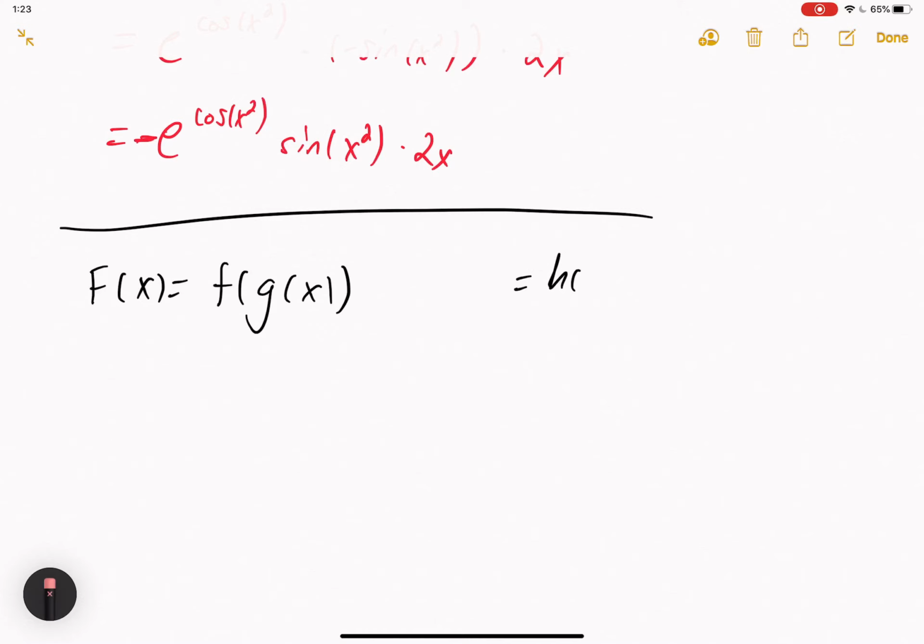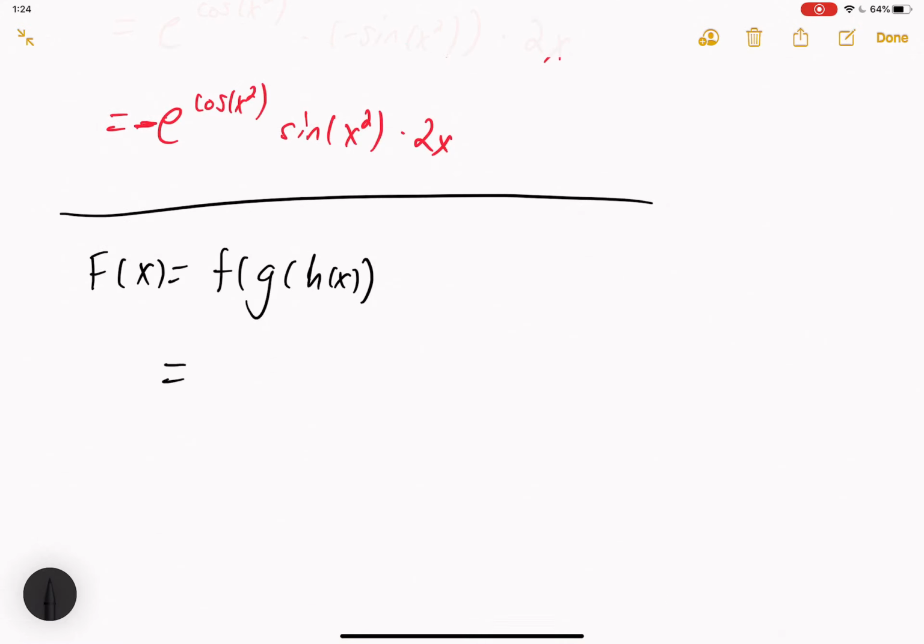We basically had this kind of three-way composition. Basically, we just have three functions being composed into each other.